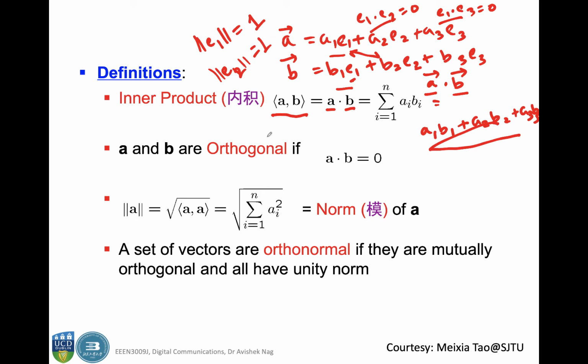So you see that the dot product of these unit vectors is 0, okay, so that means they are orthogonal to each other. In general, for any two vectors, if their dot product is 0, they are orthogonal to each other, or in other words, they are perpendicular to each other.